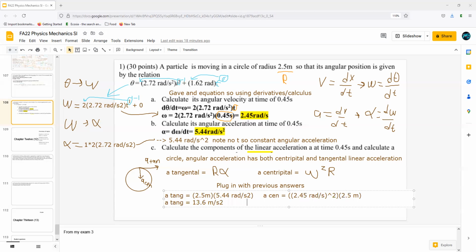And then for centripetal acceleration, that should be 2.45 squared times 5, about 15.01 meters per second squared. Right?